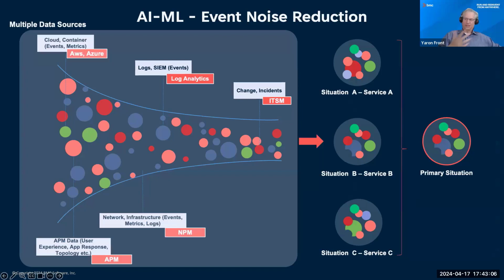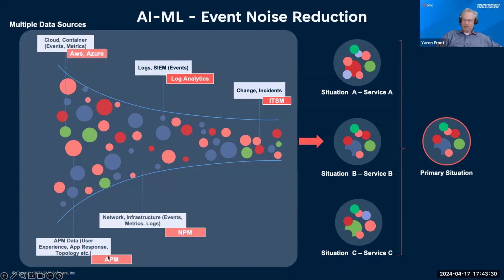So what we're going to see in a demo today is our capabilities like the event noise reduction. You're going to see that we're going to get events coming in from multiple places. We're going to get events from the cloud. We're going to get log information. We're going to get changes and incidents from an IT service management system.